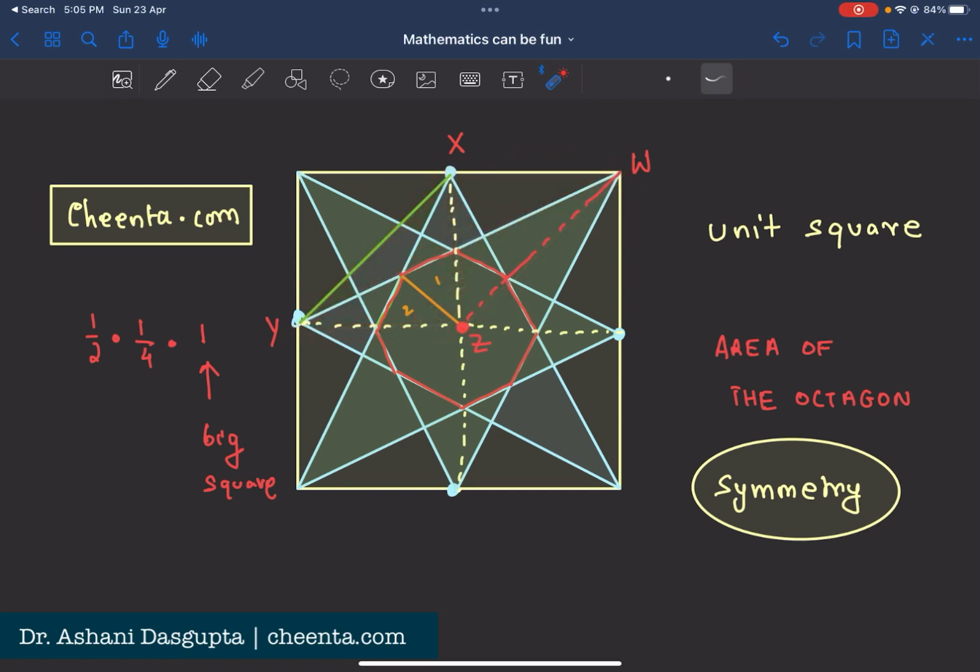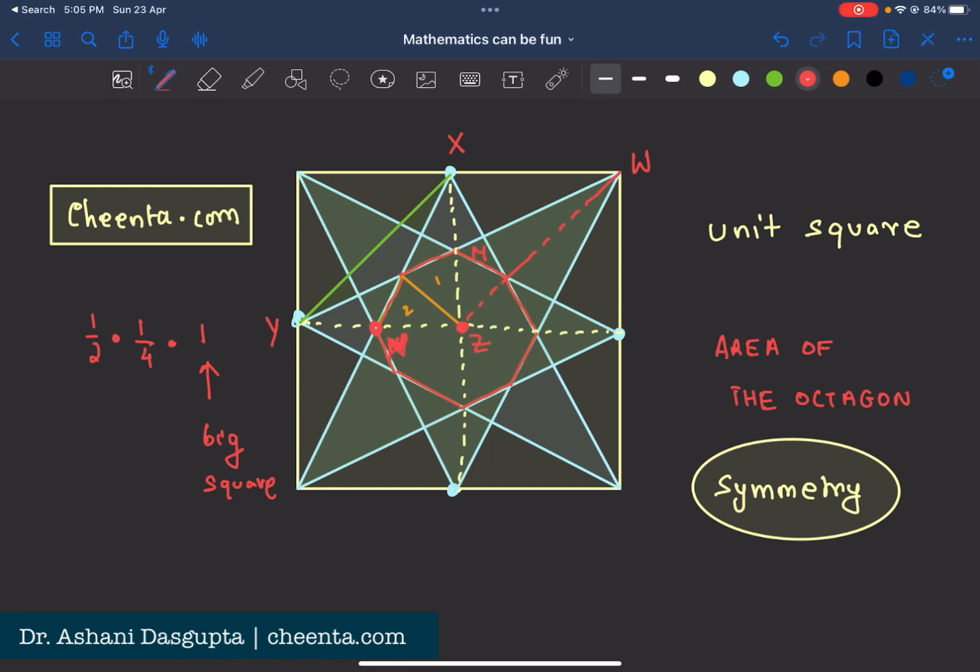So now what we have is this line Y, let's call this M. YM bisects XZ. So YM is the median. And similarly, XN is the median.